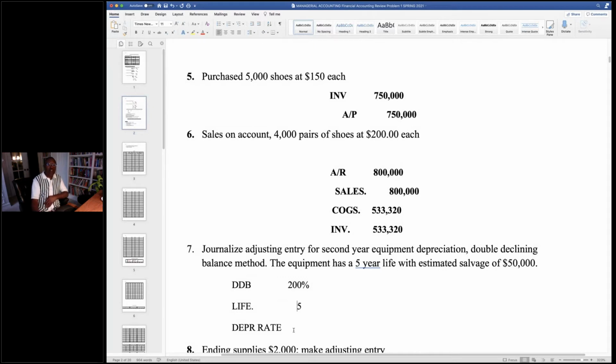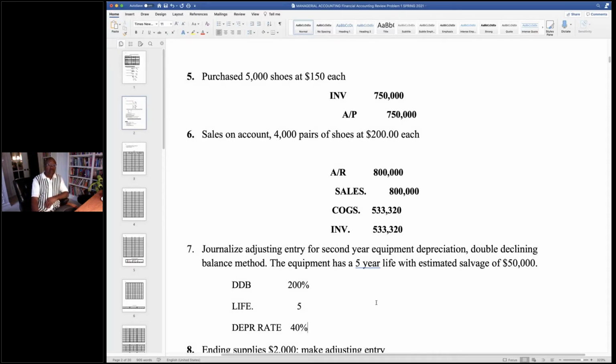Divide 200% by 5. Can you divide 20 by 5? What's 20 divided by 5? It's 4. Add a 0, so it's 40%.